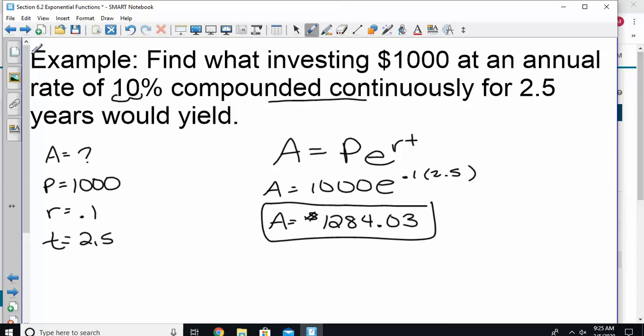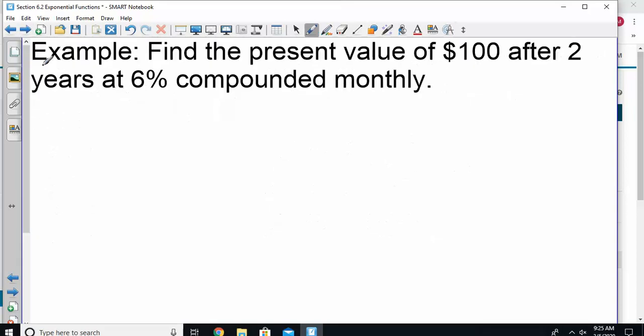Let's do a few more, just to make sure we've got this. Find the present value of $100 after 2 years at 6% compounded monthly. So what is my A? We don't know, do we?